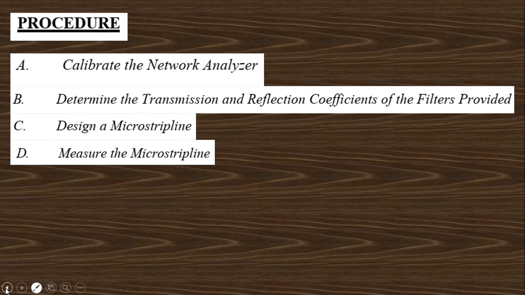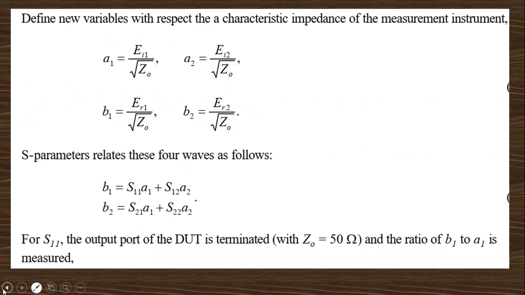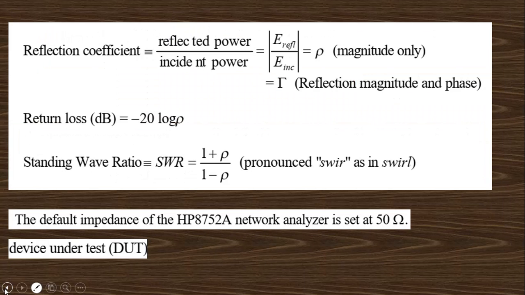And finally, how we can measure this parameter: that is using the network analyzer. At first you need to calibrate the network analyzer and then determine the transmission and reflection coefficient of this filter. So using this network analyzer you can easily find the reflection coefficient, transmission coefficient, and so on.